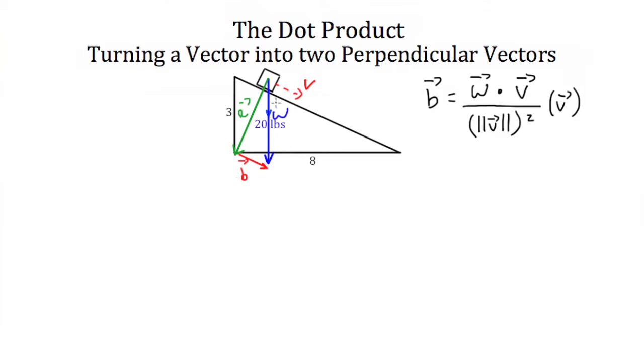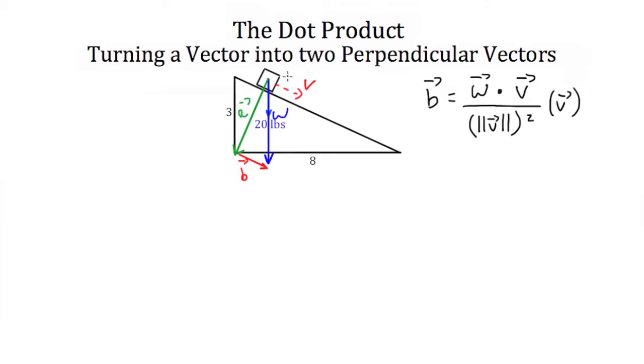The amount of W that's in B, or that makes up this vector B, is equal to the dot product of W times V, our direction, divided by the length of our direction, so we're kind of creating a unit vector here, and then multiplied by that V. So let's work this out, and hopefully it'll become a little bit clearer.